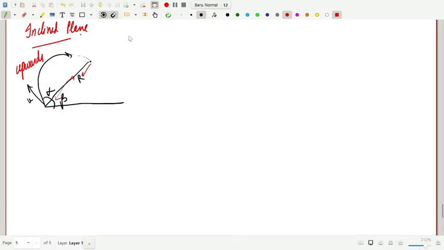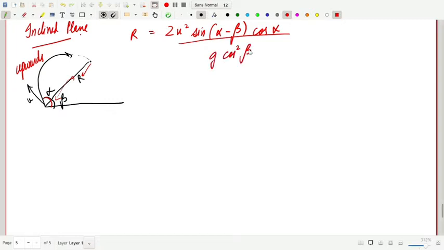Then range is equal to 2u square sin alpha minus beta, cos alpha over g cos square beta.